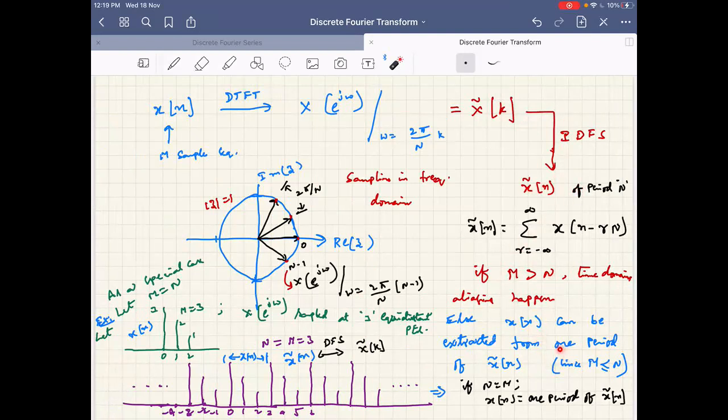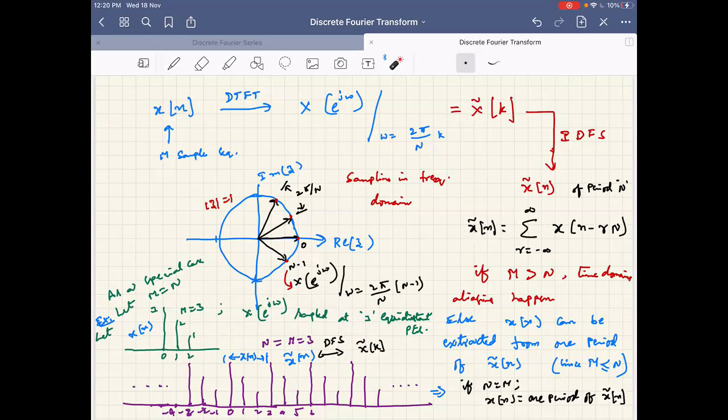So it shows that in case the length of the aperiodic sequence is less than or equal to the number of samples I take in frequency domain, there is no need for the continuous representation of the frequency information, or the discrete time Fourier transform is not needed. One period of x tilde of k is good enough to store even in frequency domain, and from that we can get back x of n, the aperiodic sequence, right?